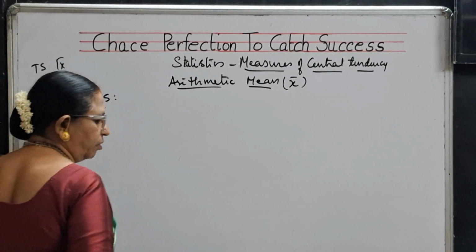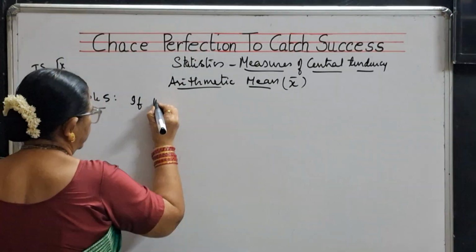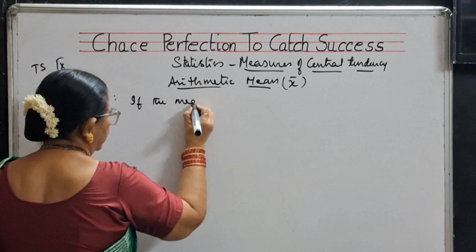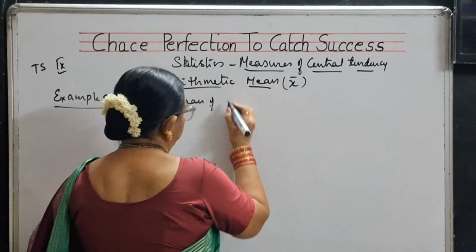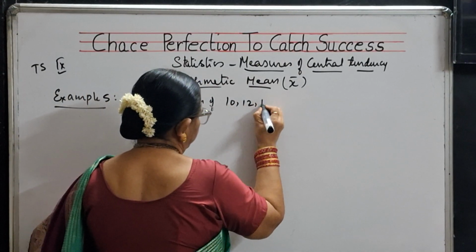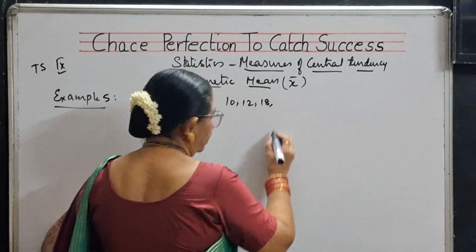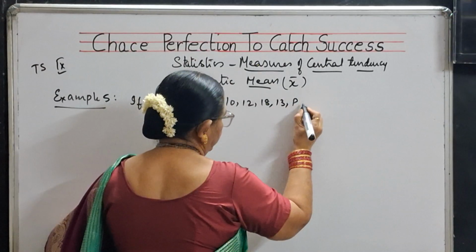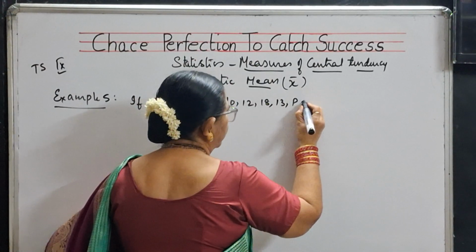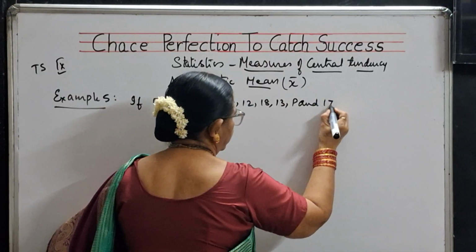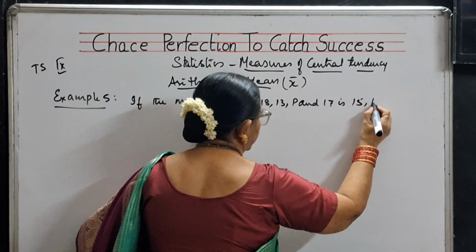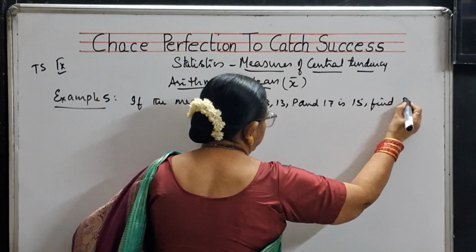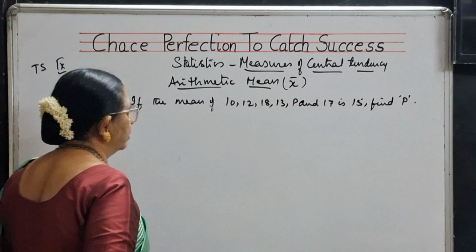If the mean of 10, 12, 18, 13, P and 17 is 15, find P. This is the question.